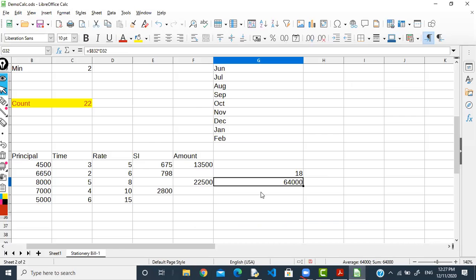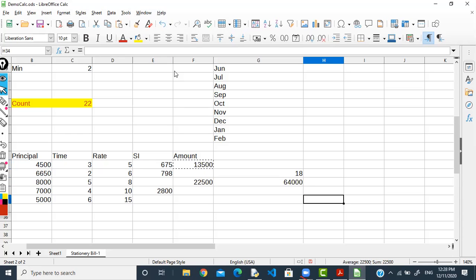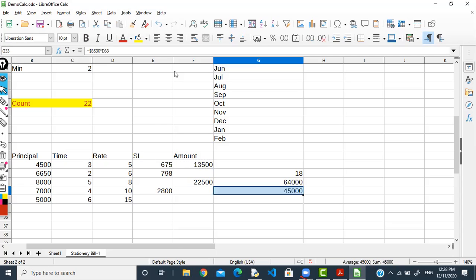Now I am showing you one example here. In this formula, this time I'm going to use $B$30 as the cell reference. Now I'm going to copy this formula here.